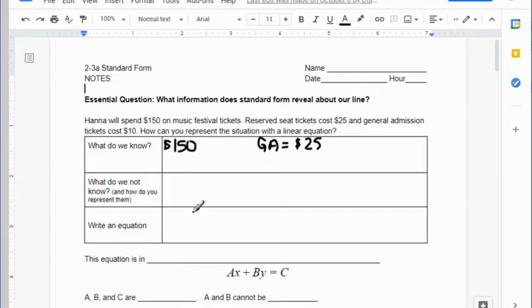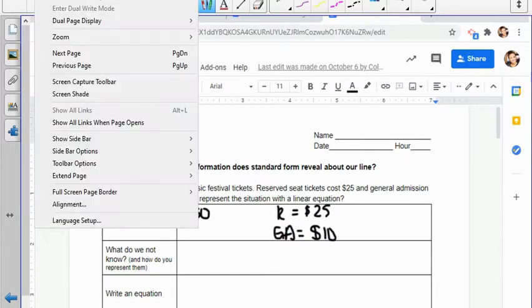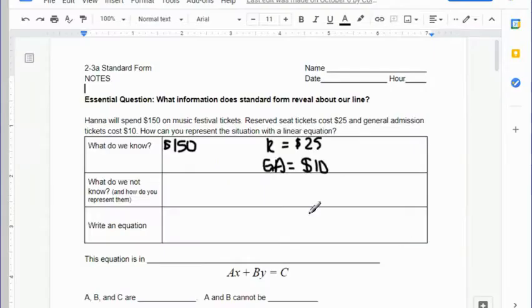General admission costs $10 and reserved tickets cost $25. So reserved tickets $25, general admission $10. So that is what we are given. That's what we know from the words that it gave us. What do we not know, and how do you represent them? Right, we don't know how many tickets.